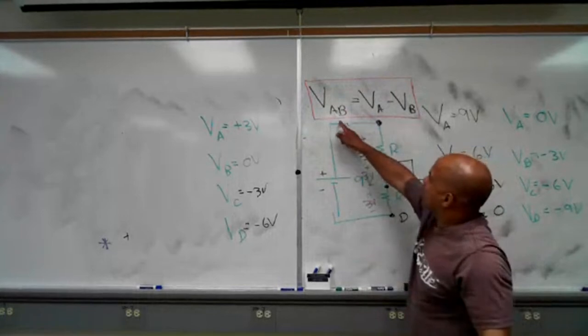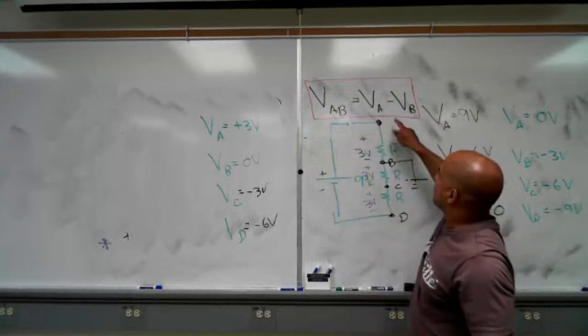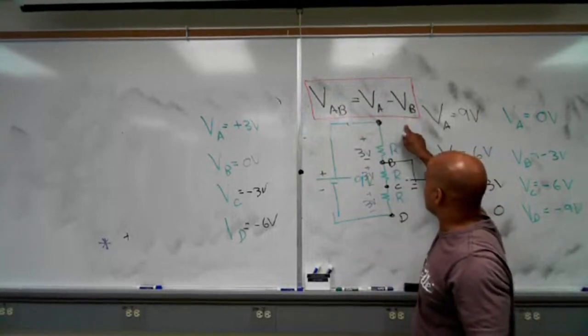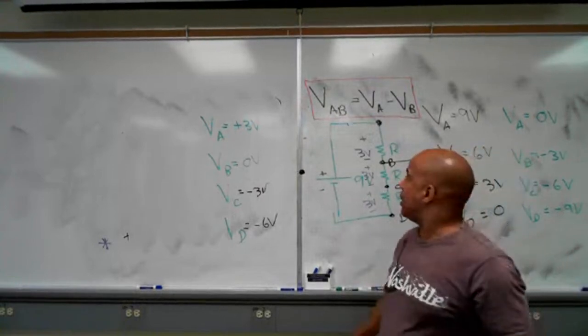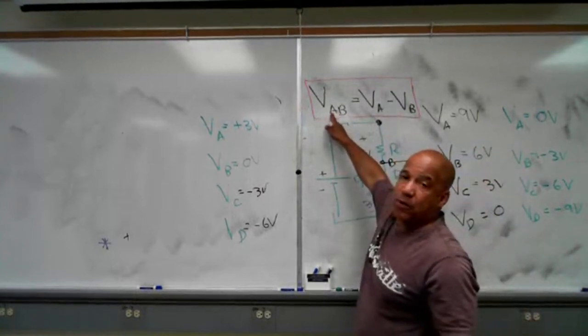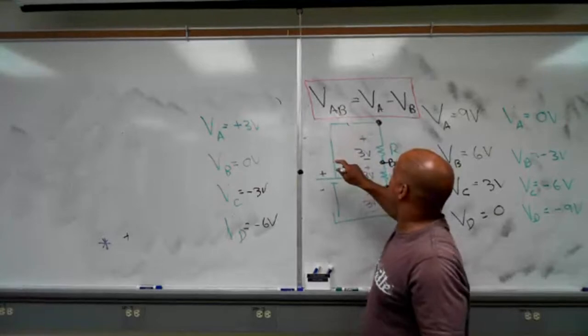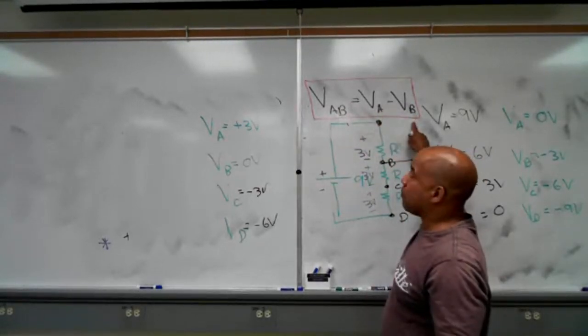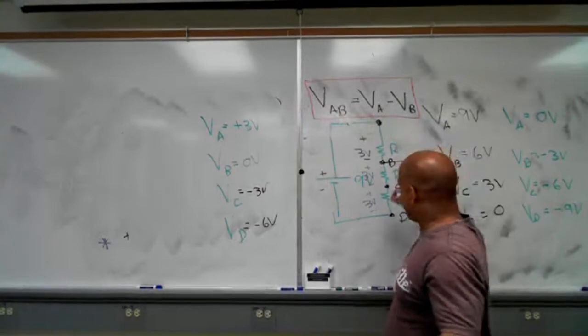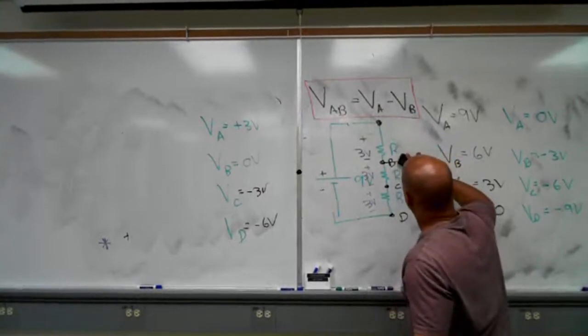So this takes you from double subscript notation to single subscript notation, or from single to double. So here's what it says. The voltage at A with respect to B is equal to the voltage at A with respect to ground minus the voltage at B with respect to ground. Well, let's see how that works.